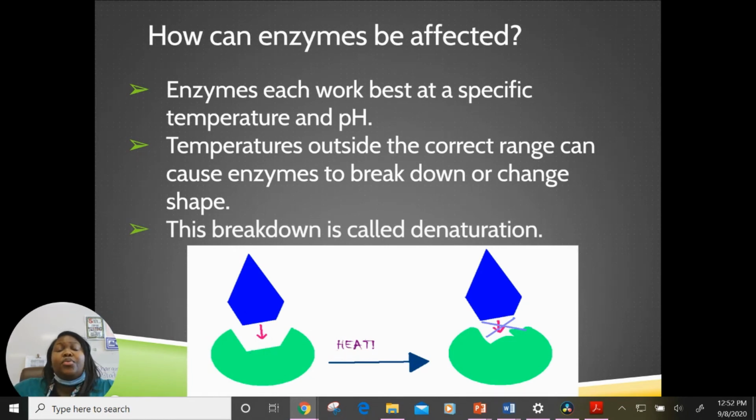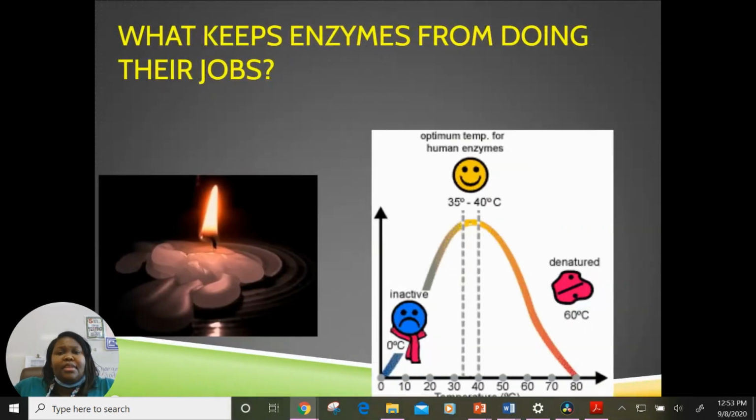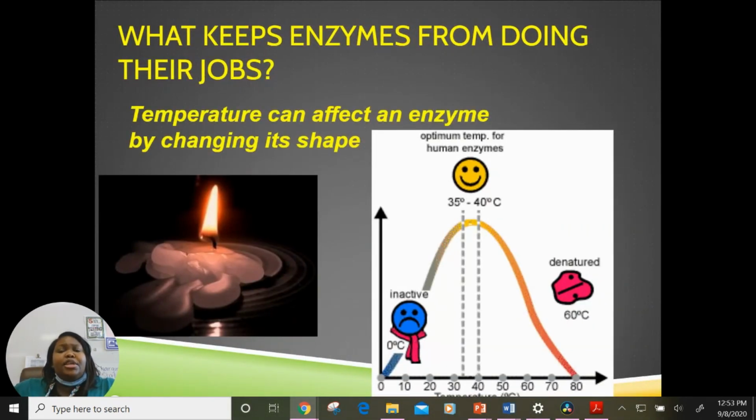When an enzyme has changed shape, it can't work, because remember, it's going to bind to the substrate based on shape. If the shape is different, it can't do its job. So that's called being denatured. If an enzyme is denatured, it's broken. It can't do its job. So temperature is one thing that we'll talk about that can stop an enzyme from doing its job.